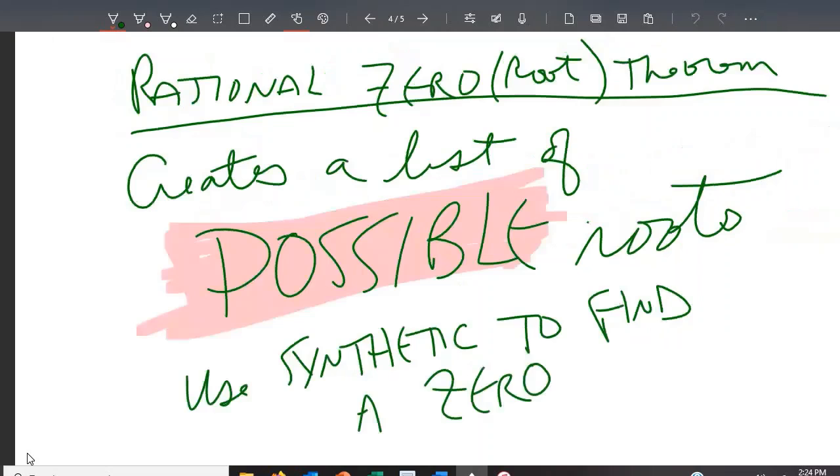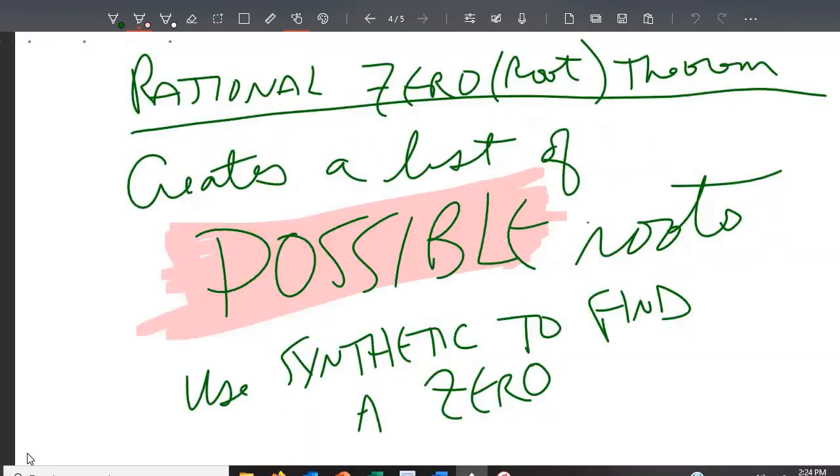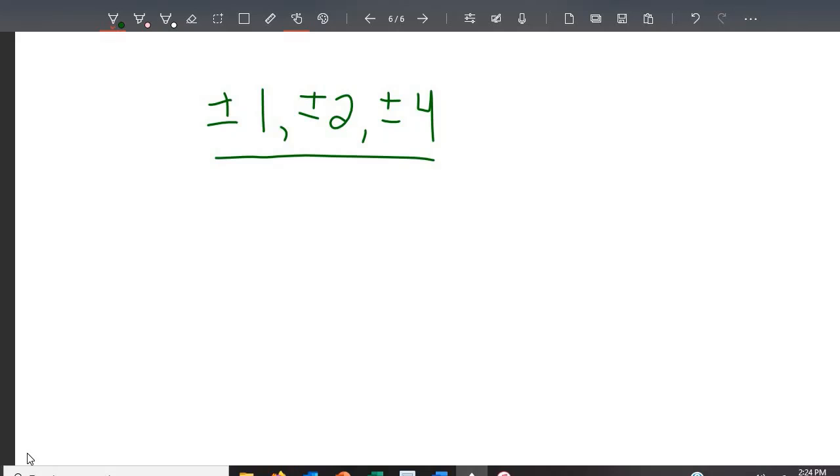Now, what was this example I had over here? Alright, so I want to take this one. Now it's a 4. This is going to be a fairly simple one. I want to find the possible roots for that previous example. So we're going to create a fraction. When you're listing the factors, you must put a plus or minus in front of each factor. The factors of the last number go up top.